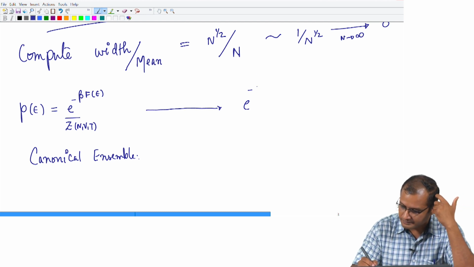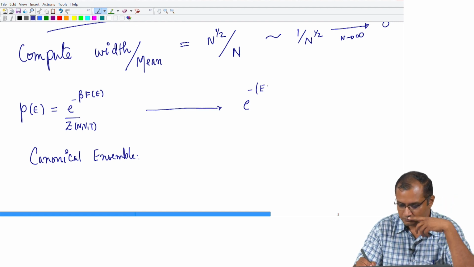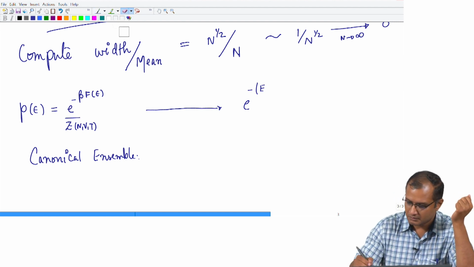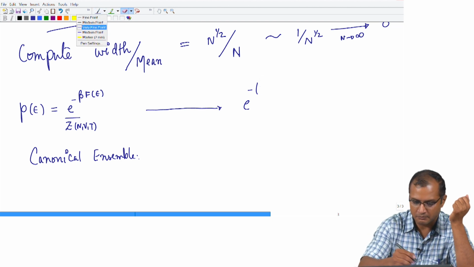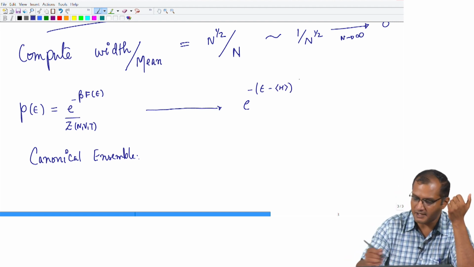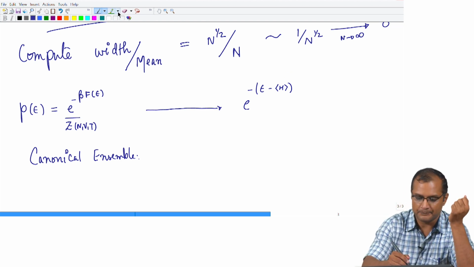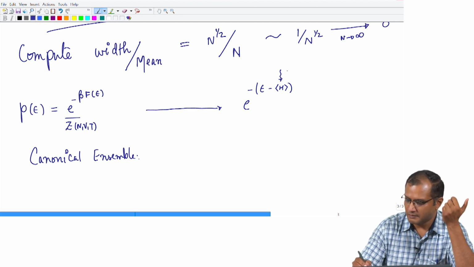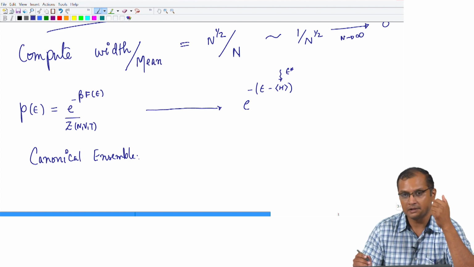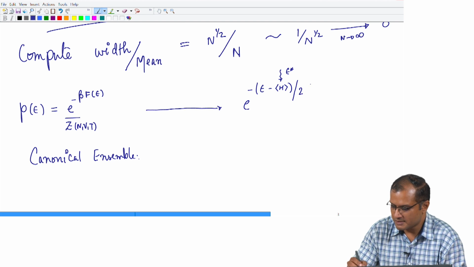So, I am going to write it as e to the power minus, or instead of this I can also write it as E star, as you shall see, divided by twice sigma square.